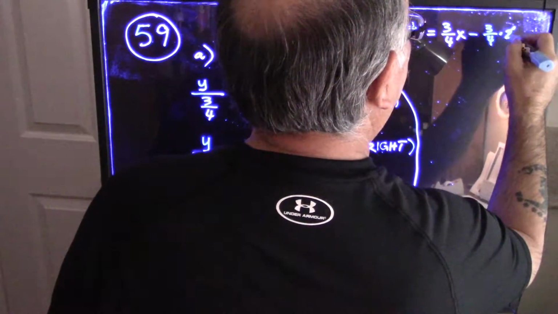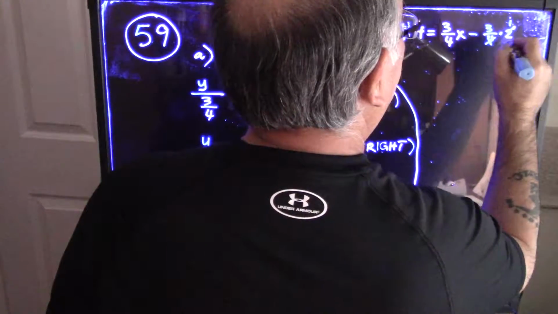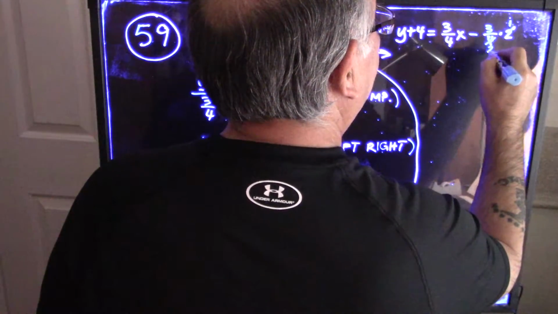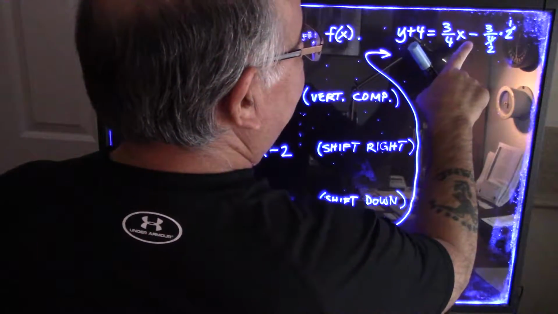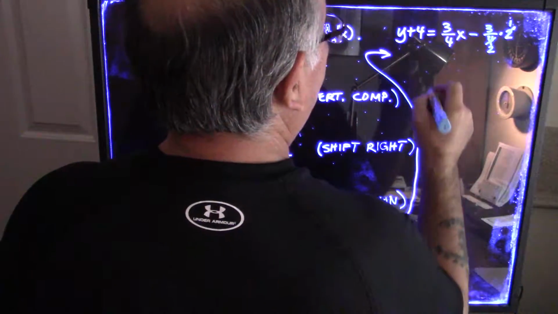Okay, the 2 will cancel with the 4. 2 into 2 is 1, and 2 into 4 is 2. So you've got y plus 4 equals 3/4 x minus 3 over 2.